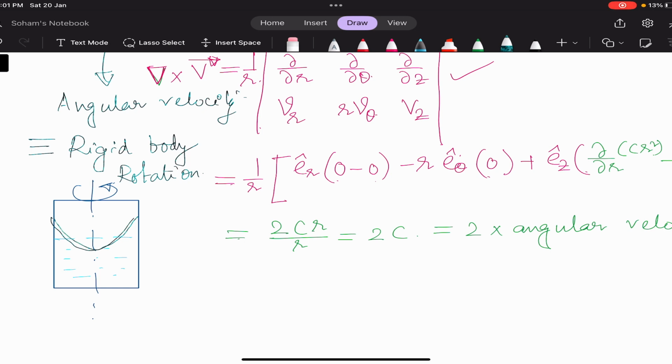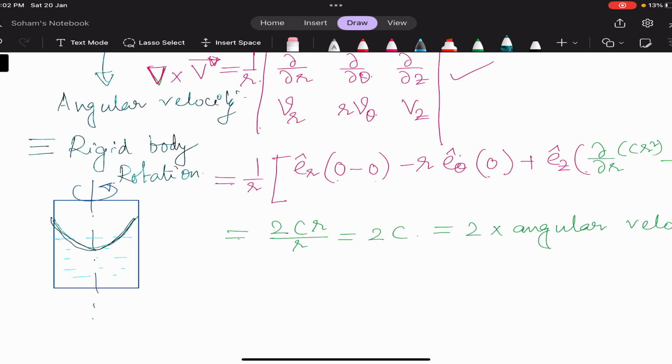You can take a mixie and see it. You will not see a clear cut paraboloid, but you will see a shape like this, and this is an actual paraboloid. But due to the instabilities and disturbances, it is hard to track.